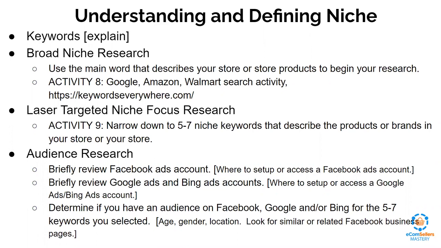So with that activity, you're going to visit Google and Amazon and Walmart search so that you can put those keywords in there and start finding other keywords that will also show you products that are popular in that niche you're thinking about for your Shopify store. And here we have keywordseverywhere.com. That's a Google Chrome extension that you can install.